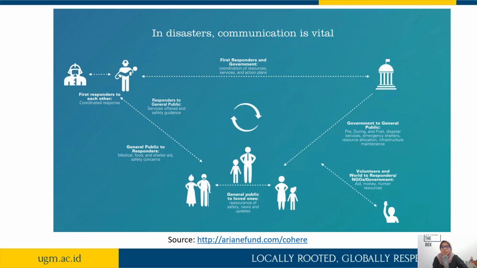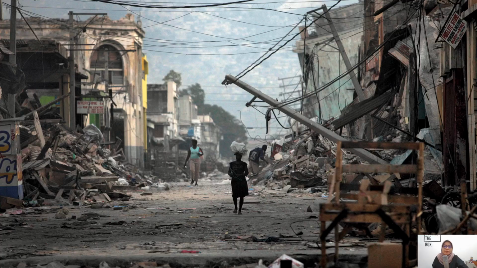Volunteers to the government, offering aid, money, and human resources. And last but not least, among the general public itself, just to make sure that they are safe during the disaster time. All right.